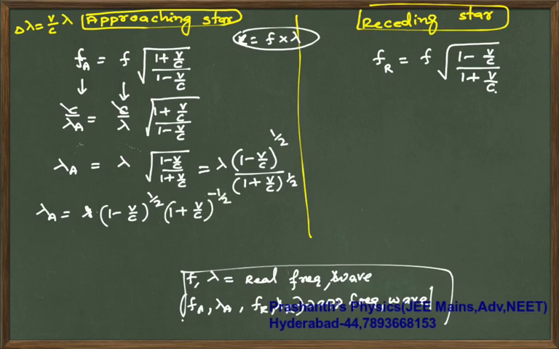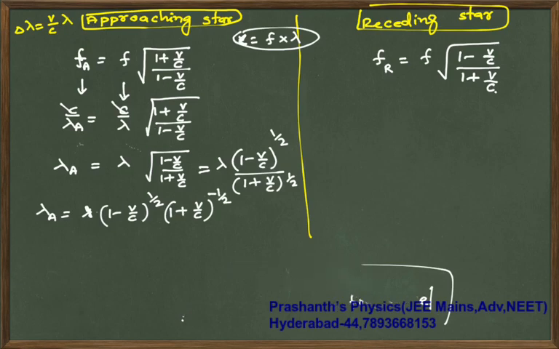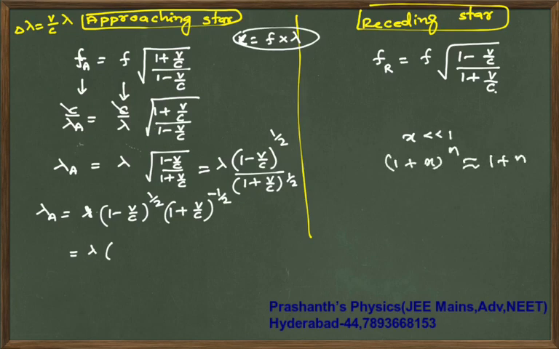Now I'll erase this. Those who want to take a screenshot, please do it, or you can pause the video and copy the terms first, because of lack of space. Now if you continue further, this will become lambda times, when x is very much less than 1, (1 plus x) whole power n is 1 plus nx, and (1 plus x) whole power minus n is 1 minus nx.